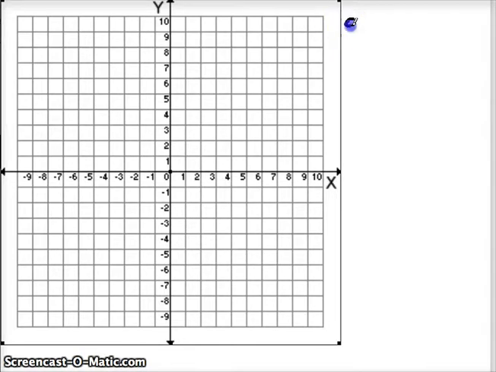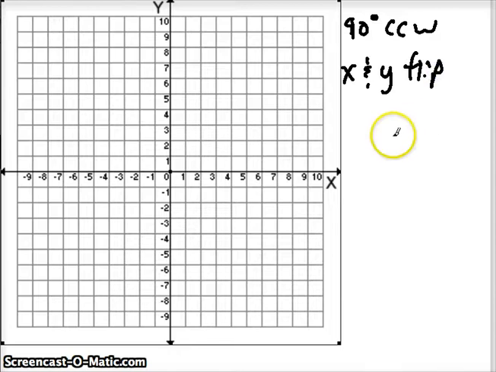Let's try 90 degrees counterclockwise and see what we do here. Our rule is going to be the X and Y flip. But if we're going counterclockwise, now X is going to be the opposite. Alright. So if we think about this, I'll rewrite it here.